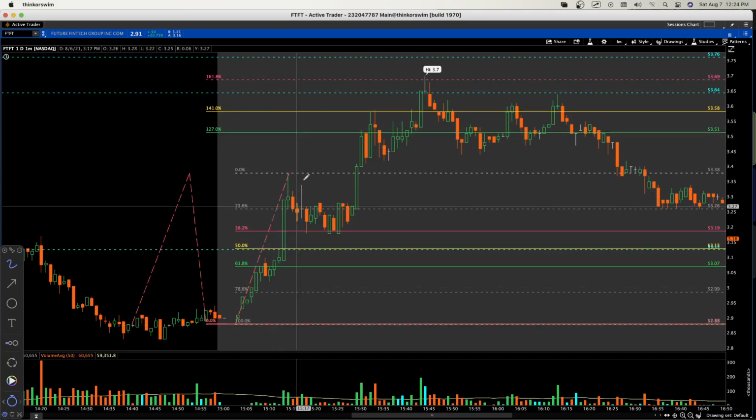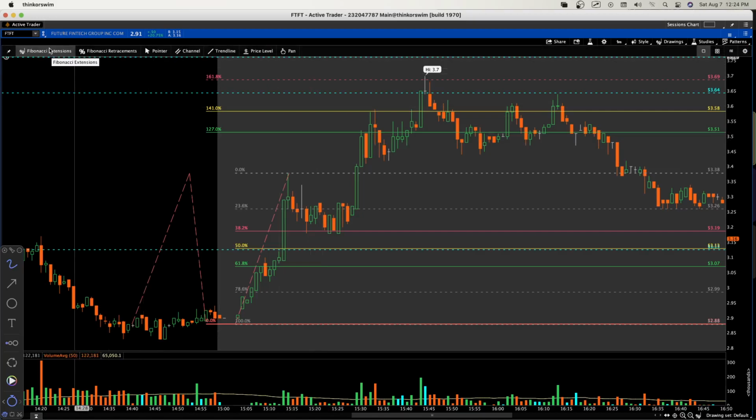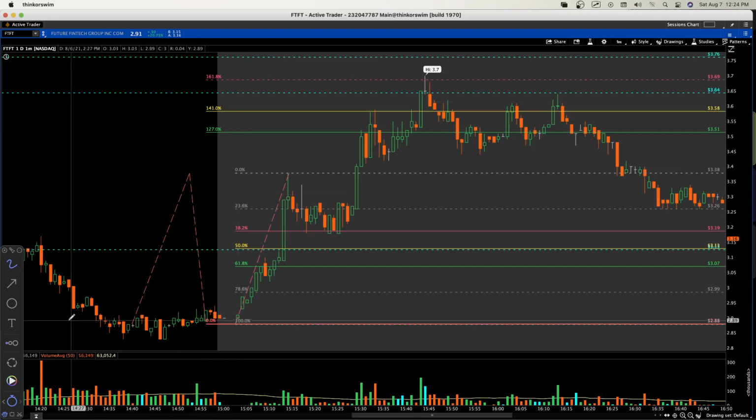You don't have to draw them at any specific point when you're drawing your extensions. You don't need to draw them within anything. If you want to have this way off so you don't have to look at it through your candles, you can do that as well. So it has your extension levels up here. Now let's change these extension levels and see where they will be. I'm going to draw another one.